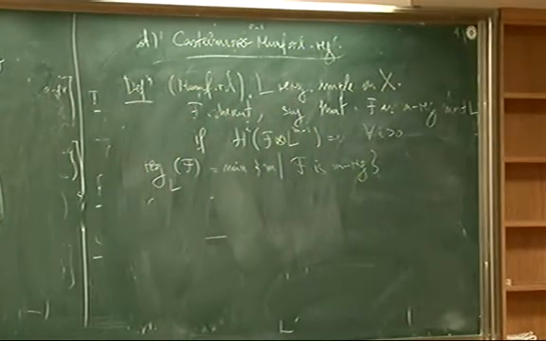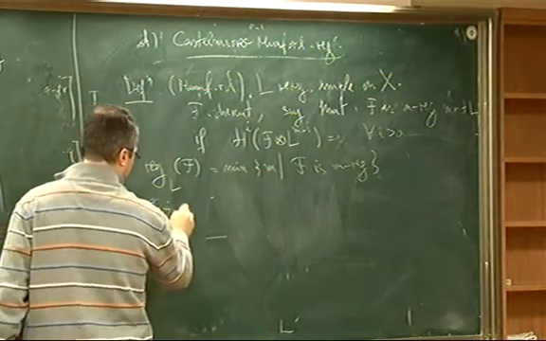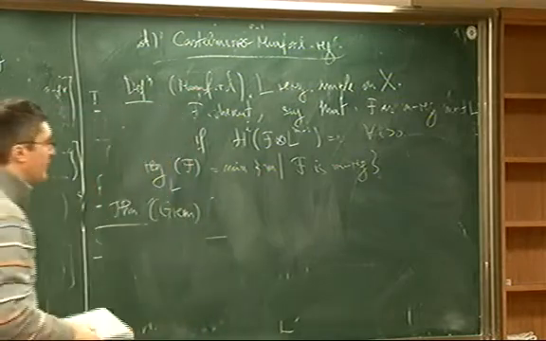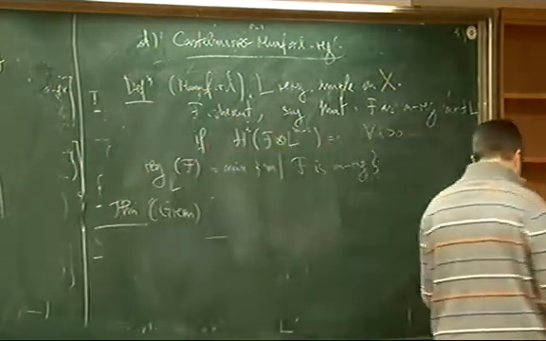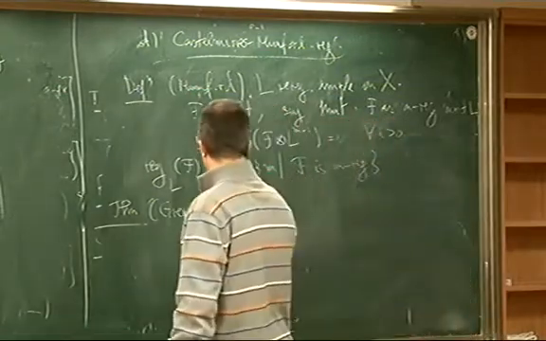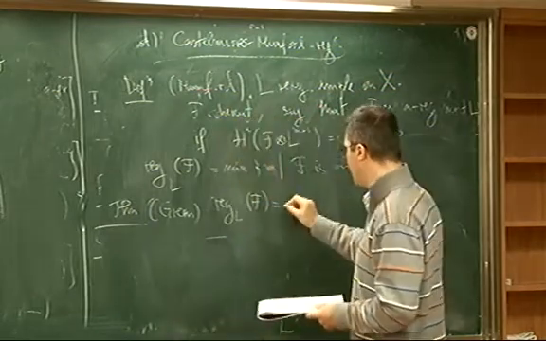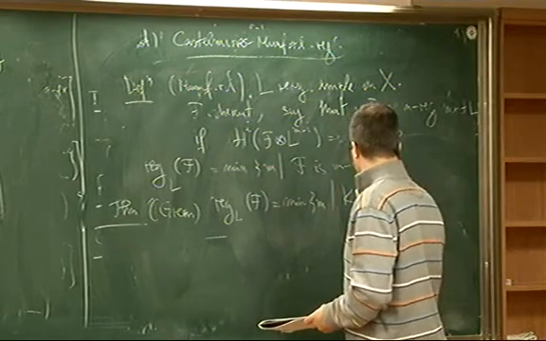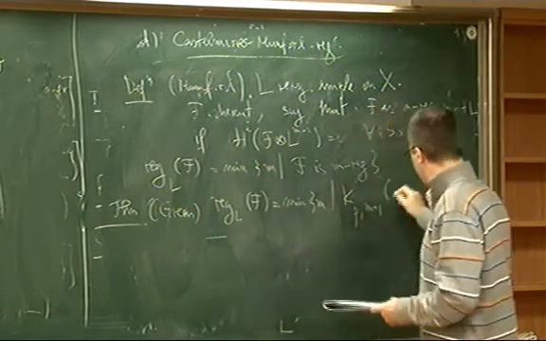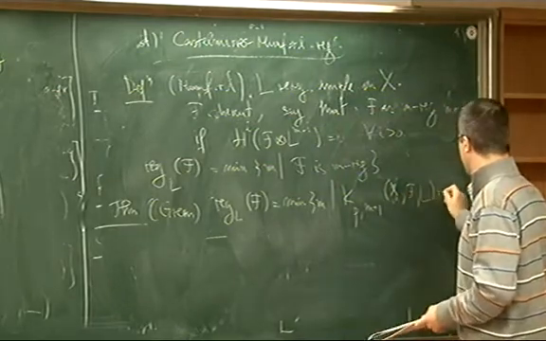Okay, and the following result, which was first proved by Green, shows that this regularity has something to do with the size of the Betti table. So specifically, the result is the following. The regularity of F is the minimum m such that K_{p,m+1}(X, F, L) equals 0 for any p.